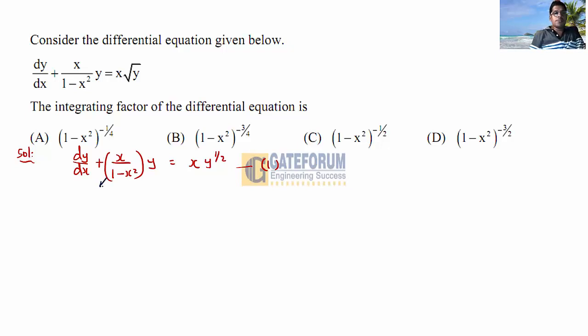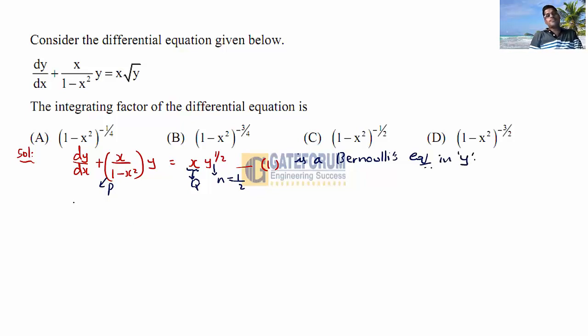Here p and q may be constants or functions of x. This term is q, and from this term n is equal to 1 by 2. So this is a Bernoulli's equation in y, the dependent variable here.